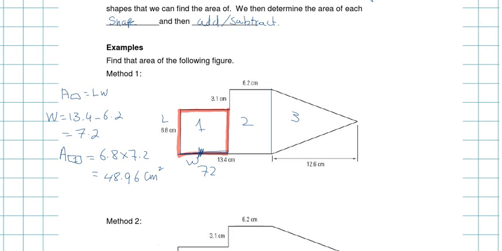Now I'm going to find the area of the second rectangle. So I have my length, my width. I know that my width is 6.2. What would be the length measure for 2? How would I find the length?